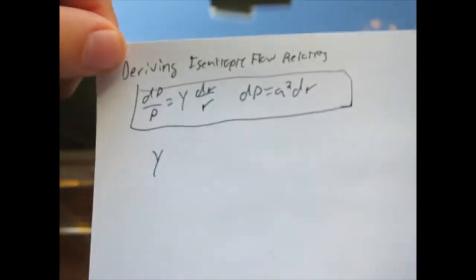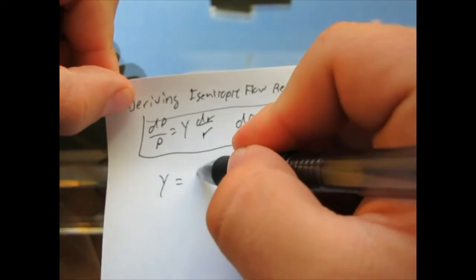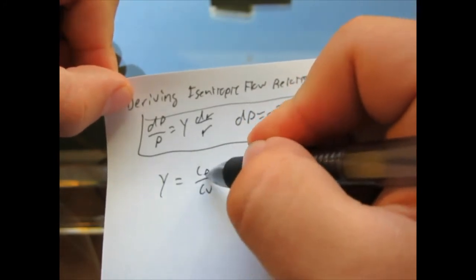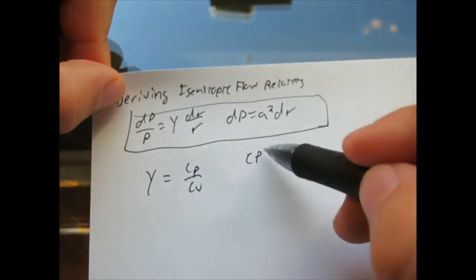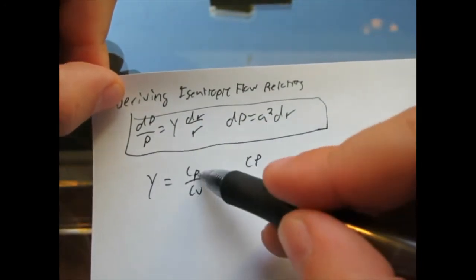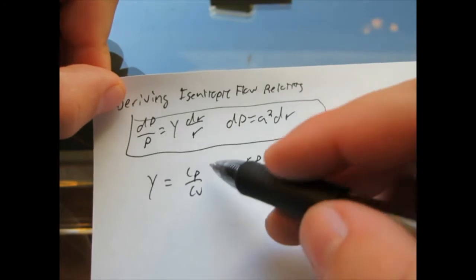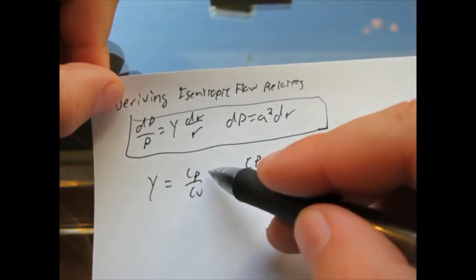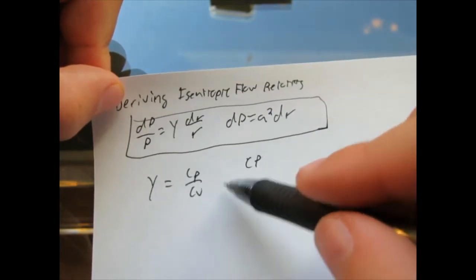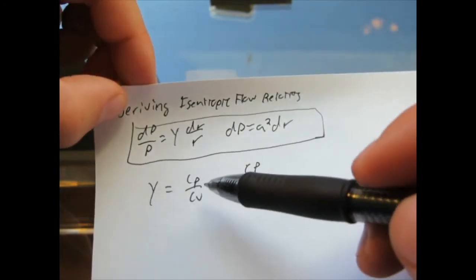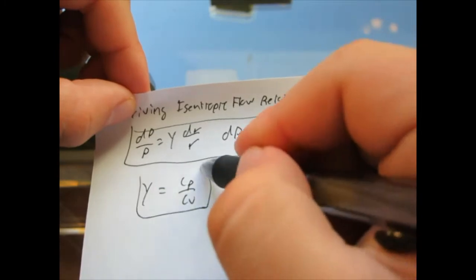The Greek letter gamma equals Cp divided by Cv. Sometimes if I get sloppy, I'm going to write this as Cp, but just think of it as C subscript P, which is the specific heat for constant pressure, and Cv is the specific heat for constant volume. So this is an important relationship here.